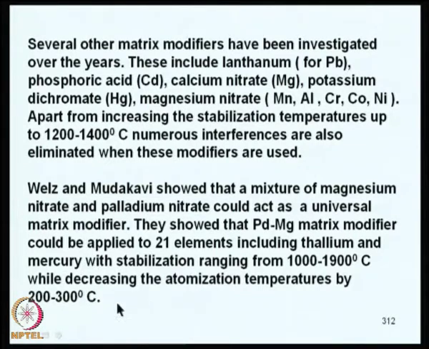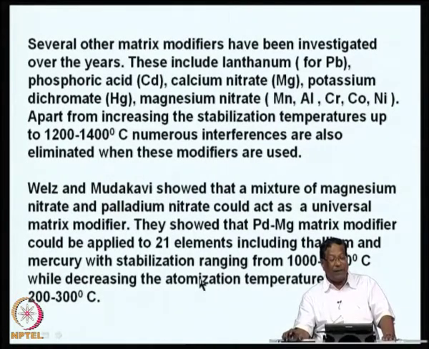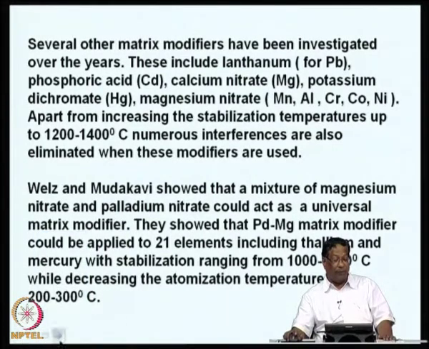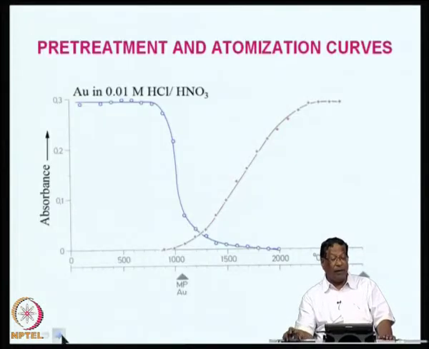While increasing the ashing temperature, because they are ashing aids, you can also simultaneously decrease the atomization temperature. So, we were able to decrease the atomization temperature by at least 200 to 300 degrees, and we could do the determination. So, this is one of the major advances.